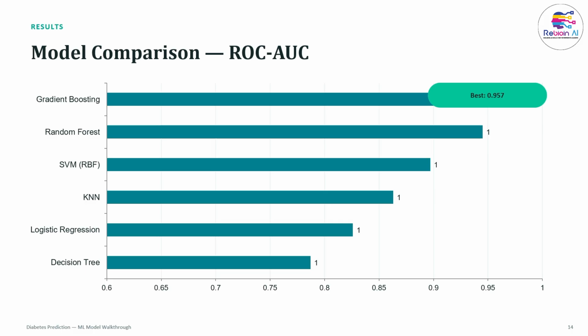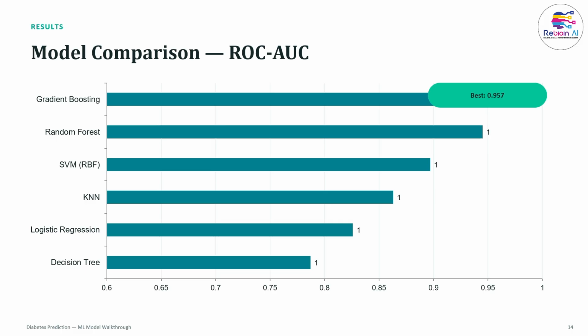We are looking at ROC AUC for all six models, sorted from weakest to strongest. The weakest one is the decision tree, which comes in lowest at approximately 0.787. That is a single tree and is prone to overfitting one specific path through the data.